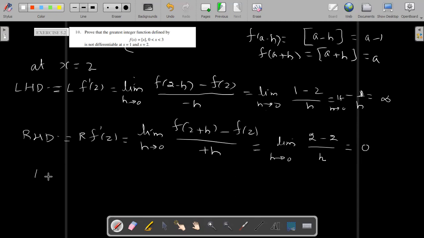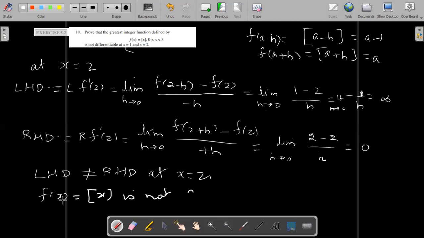So the left hand derivative is not equal to the right hand derivative at x is equal to 2. So f(x) is not differentiable at x is equal to 2.